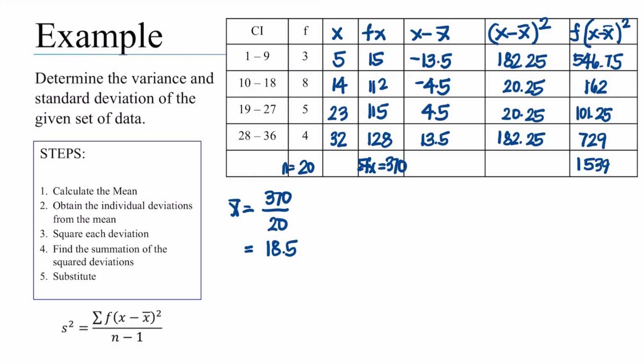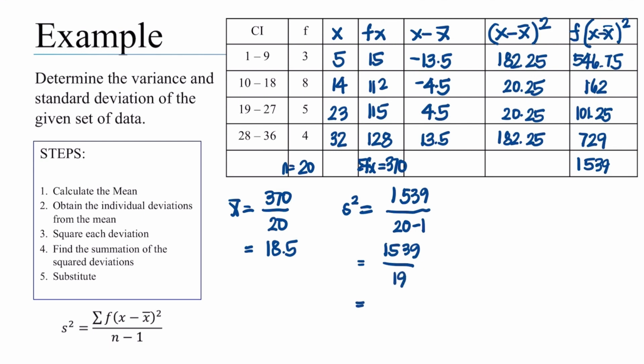Now let's solve the sample standard deviation. I mean, the sample variance first. So that is s squared is equal to 1,539 divided by 20 minus 1. That is 1,539 divided by 19.